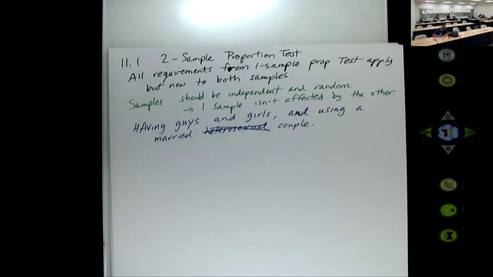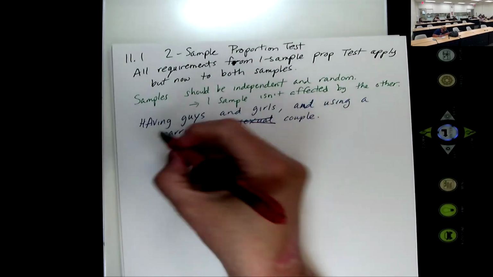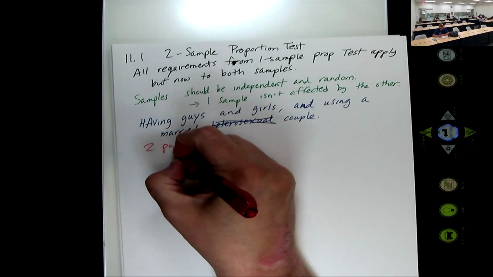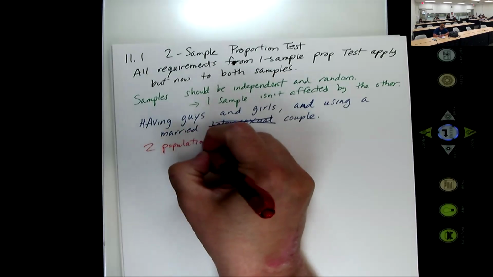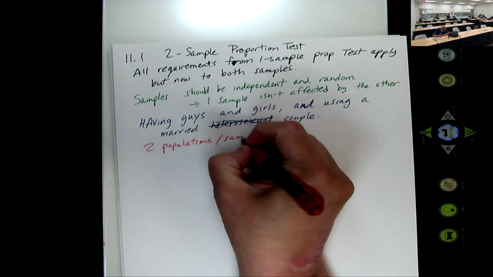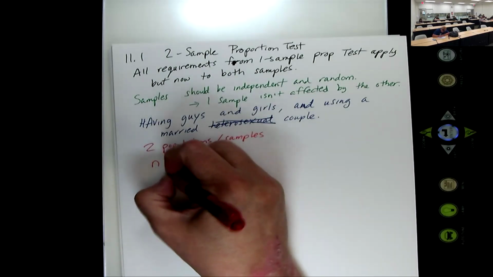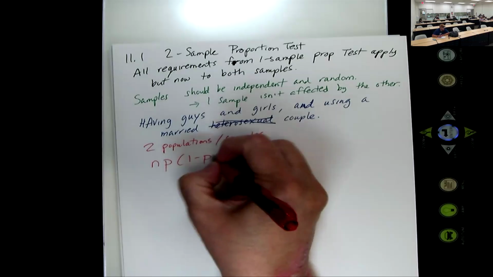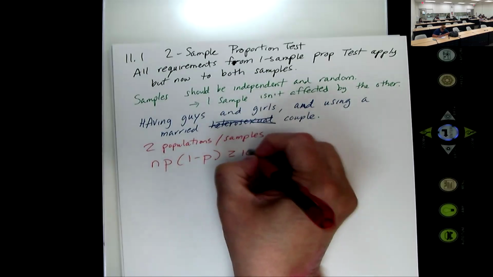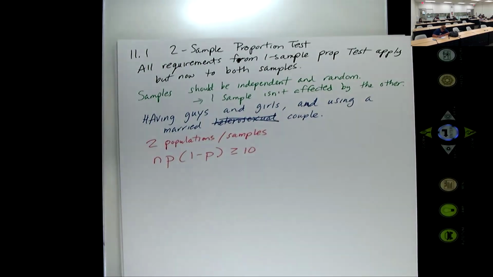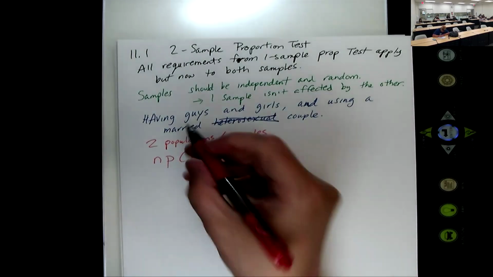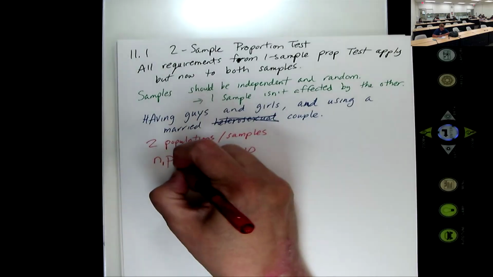So what were the criteria that we had for our two populations or samples? We used to have n times p times 1 minus p had to be greater than or equal to 10. Now we're gonna split this up and talk about two populations.